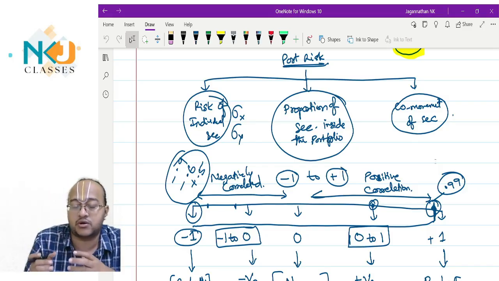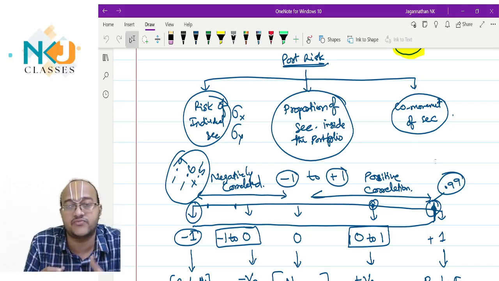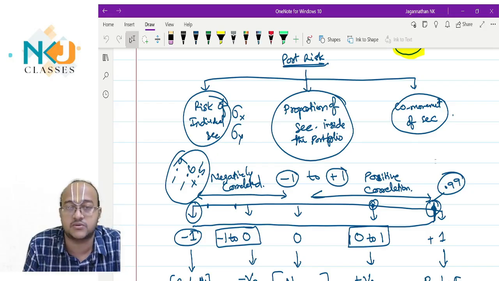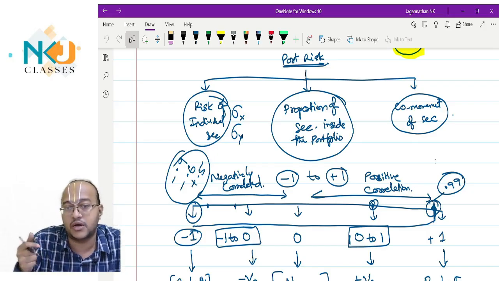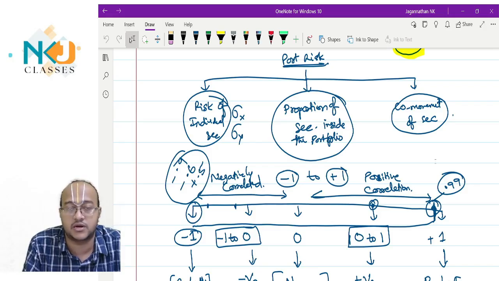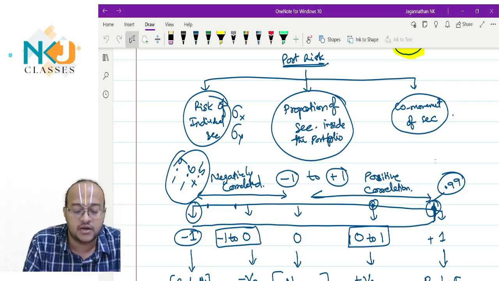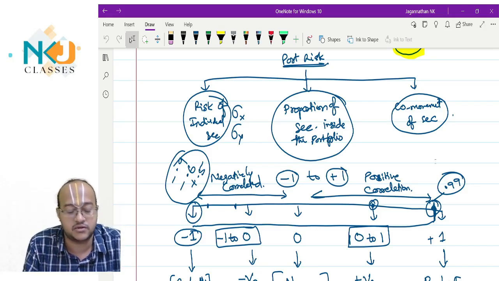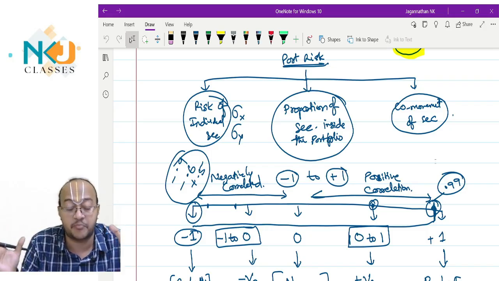Then there is an important factor called co-movement of the individual 2 securities. How correlated they are and what is the strength of their correlation will be measured by the correlation factor, correct? Then we started discussing correlation, and we divided correlation into 5 parts.